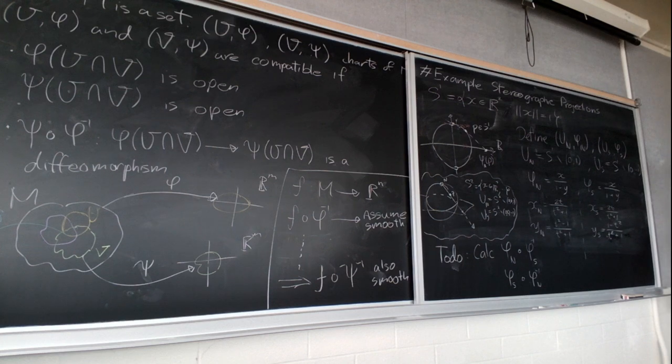What's another way that you could parameterize the circle that's a lot easier? You want to give different coordinates to the circle that don't use this nonsense. Polar? You can just do trig, with arc cos and arc sine.